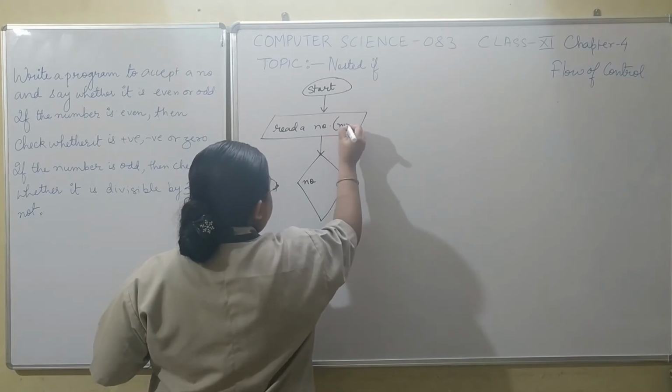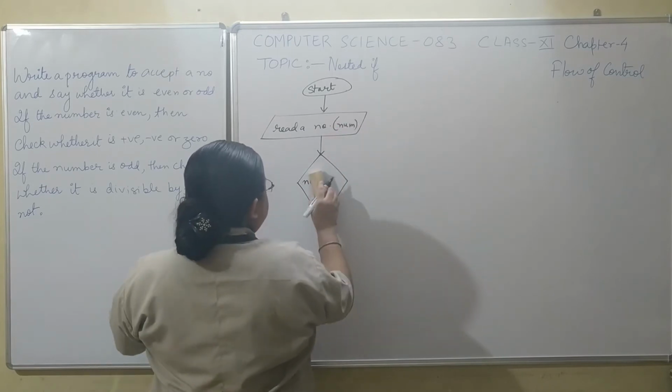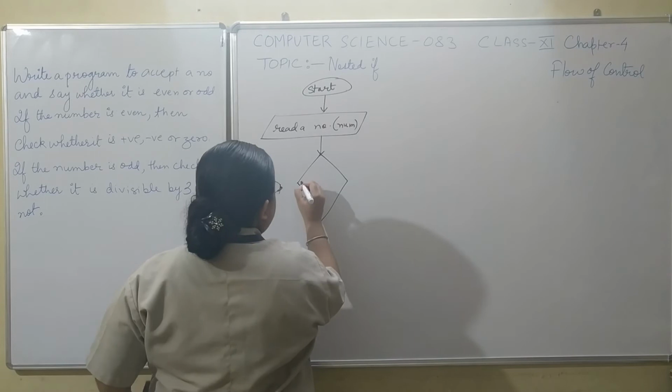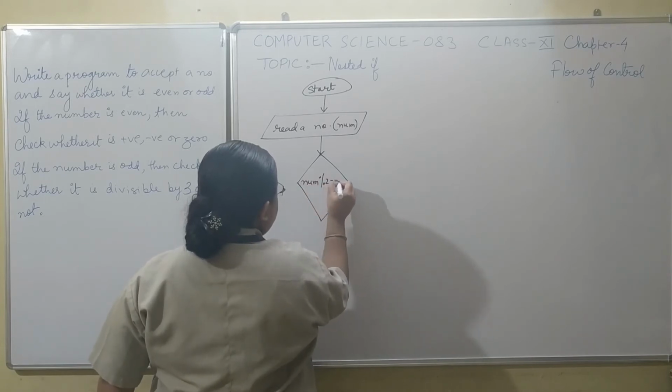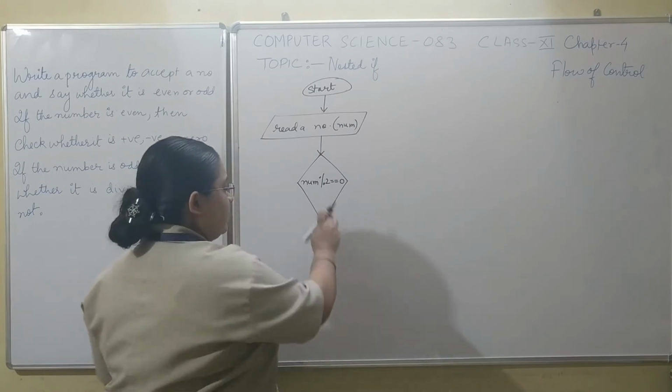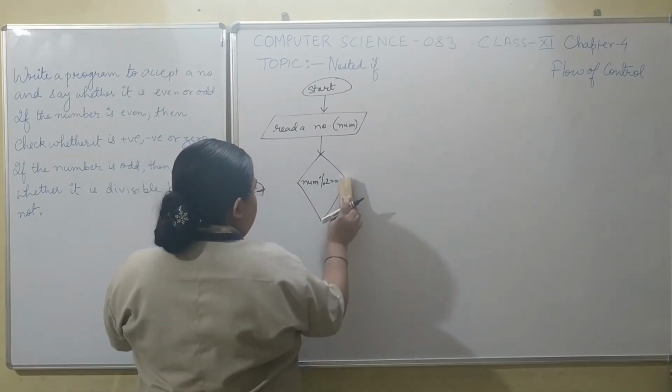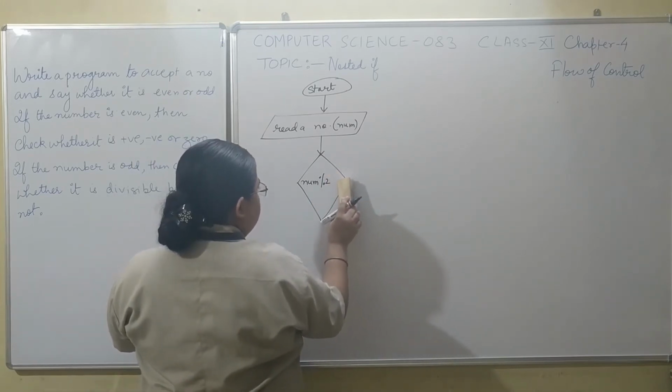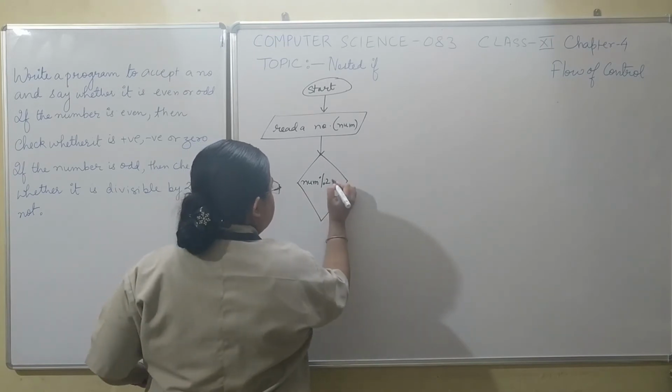Suppose the number is num. Is the number divisible by 2? So I'm not going to use the equality operator like this. Just wait.